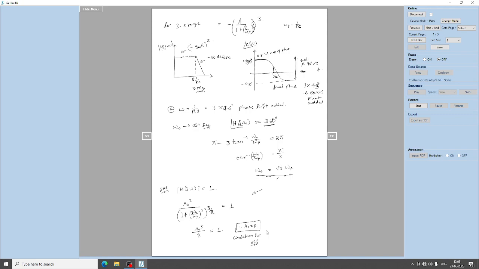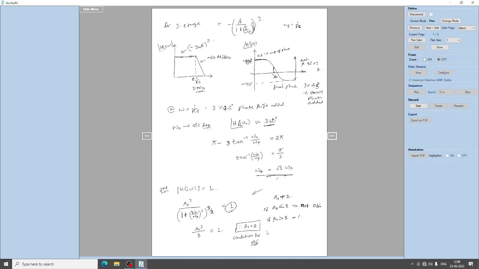Okay. So what happens if this A naught is not equal to 2? If A naught is less than 2, what happens? So the gain condition is not satisfied and it will not oscillate. If A naught is greater than 2, what happens?